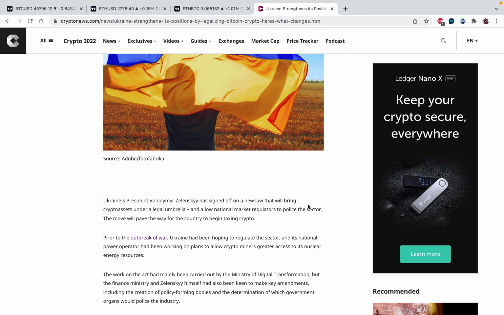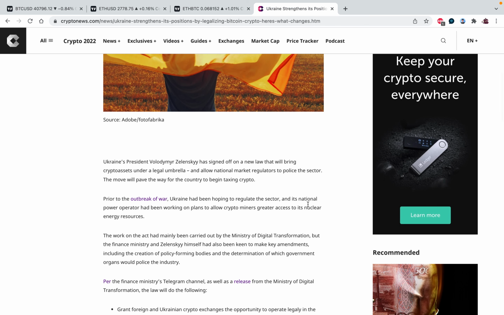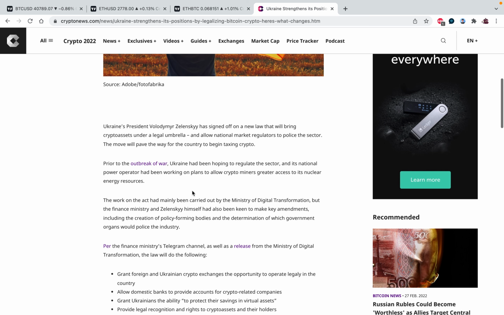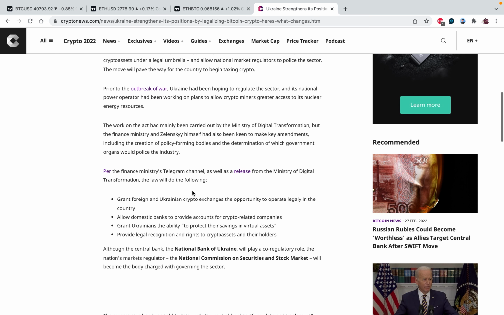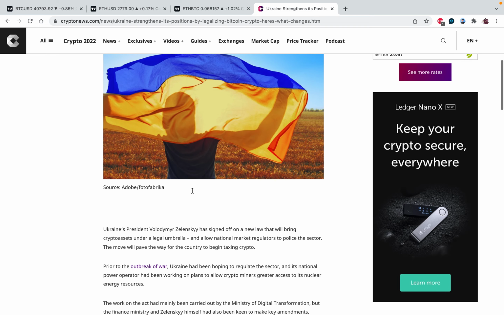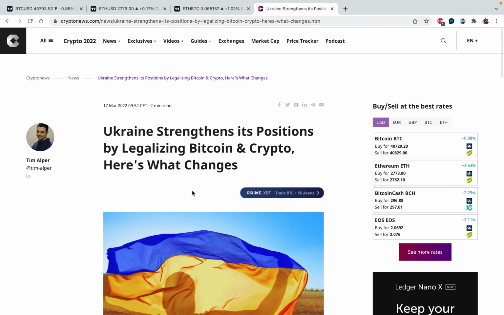But it is going forward, and the Ukrainian president has signed off a new law that will bring crypto assets under a legal umbrella, which just means that they legalized it, which is good, and they're able to raise taxes on it in the future. So this is also quite bullish news for Bitcoin.